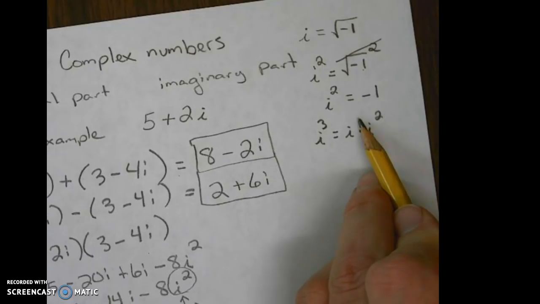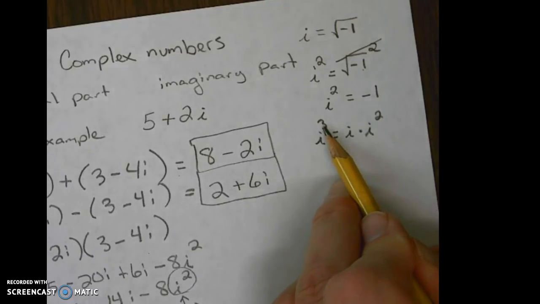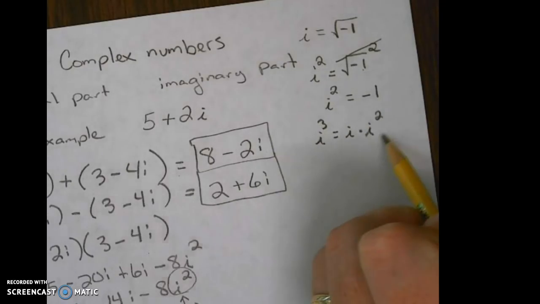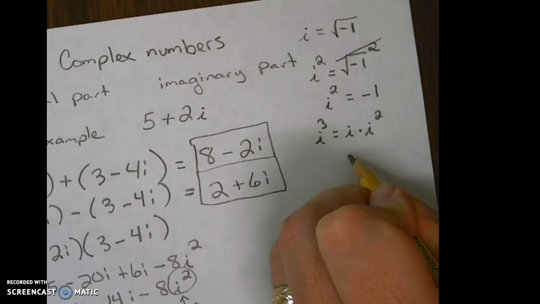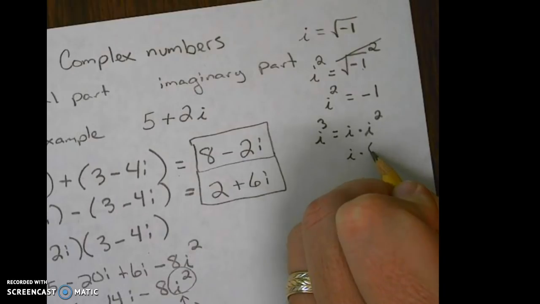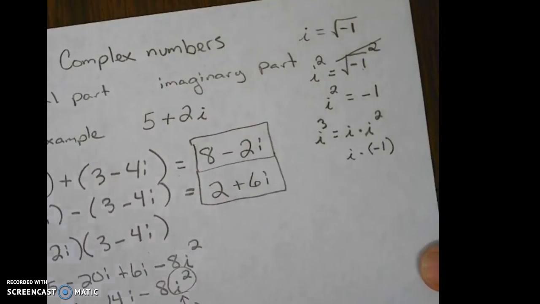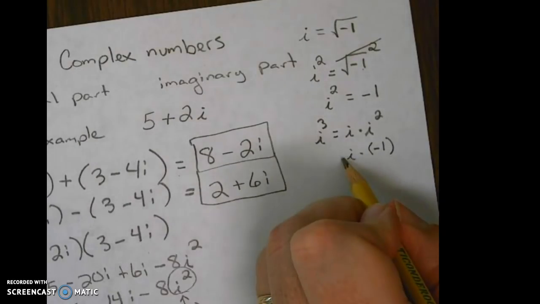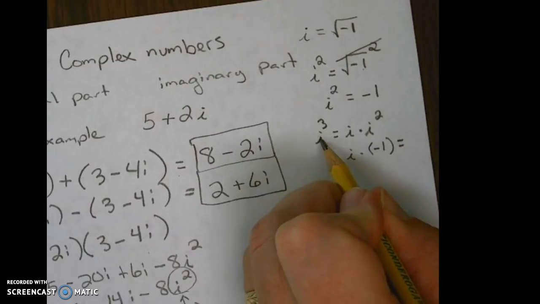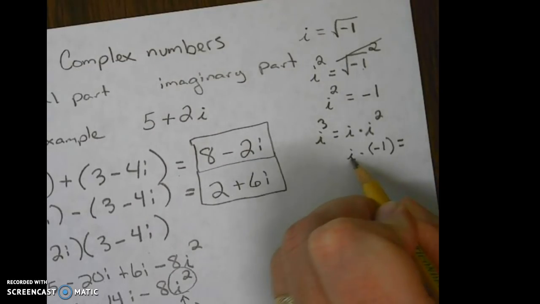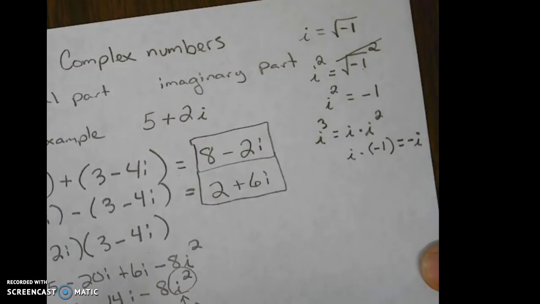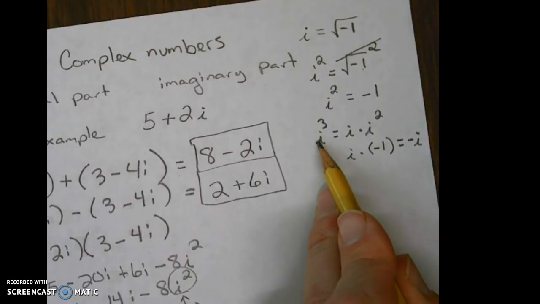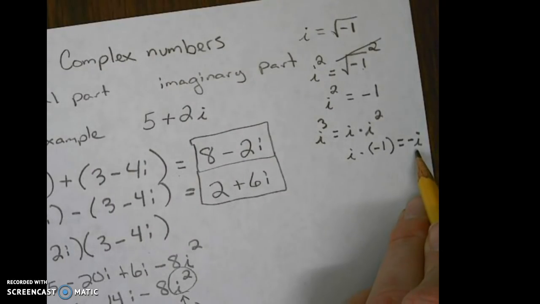So 2 plus 1 is 3. And we know that I squared is equal to negative 1, so this is going to be I times negative 1. And so I cubed is going to be equal to negative 1 times I, which is negative I. So I cubed is equal to negative I.